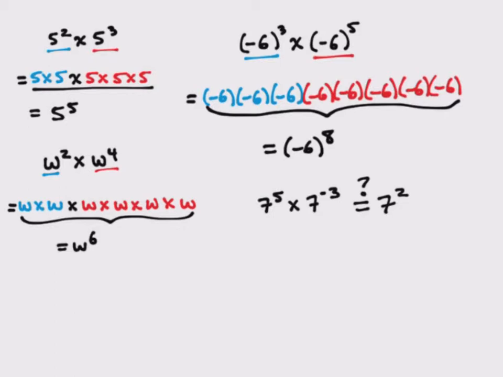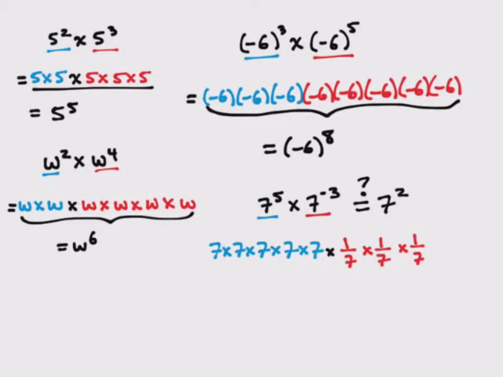Well, let's use the definition of exponents again. 7 to the fifth power is the same thing as 7 times 7 times 7 times 7 times 7. And 7 to the negative third power is the same thing as raising 1/7 to the third power. So 1/7 times 1/7 times 1/7. All right, well note, 7 times 1/7 equals 1.